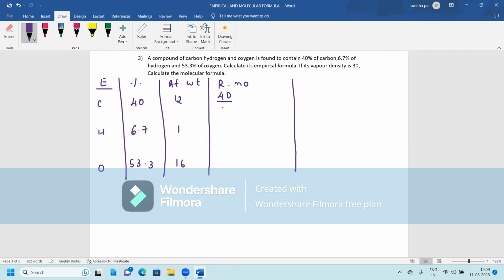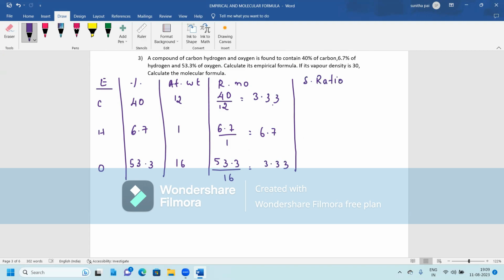Relative number: 40 by 12, 6.7 by 1, 53.3 by 16. So 40 by 12 gives us 3.33, 6.7 stays 6.7, and this is again 3.33. Now, simple ratio.